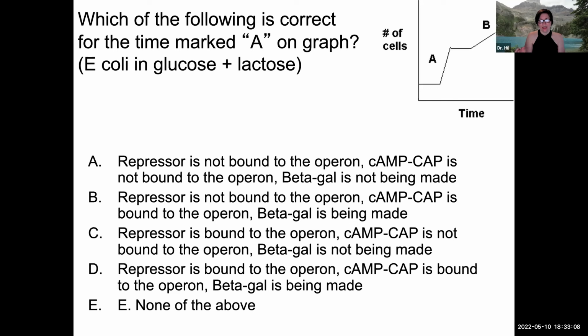Not active. So CAP not active, that means it's not bound to the binding site. Okay, that narrows it down to A, not bound to the binding site. And then the enzyme beta-galactosidase is one of the enzymes that is part of the operon. So it's not being transcribed. Does that make sense? Yes? No? Kinda?